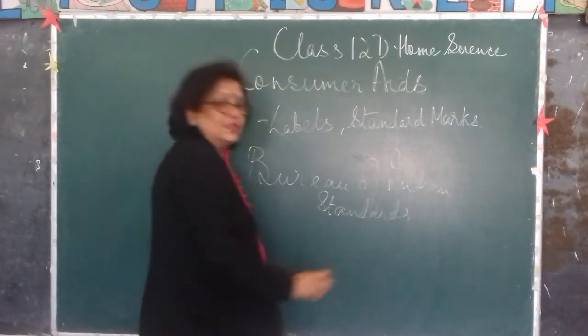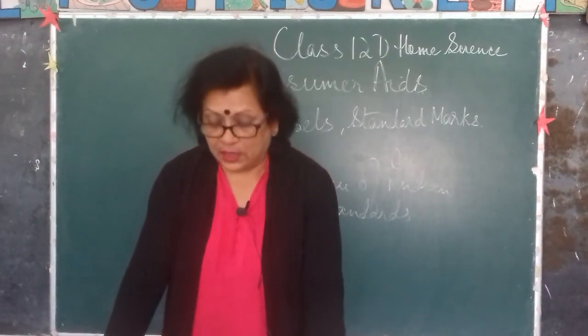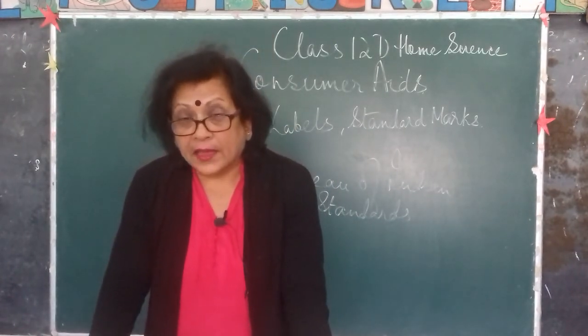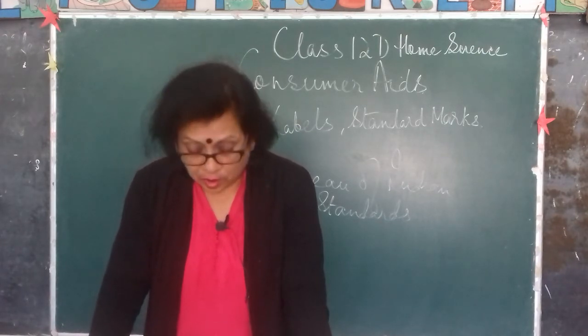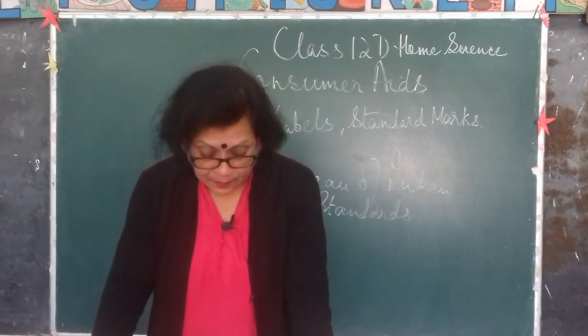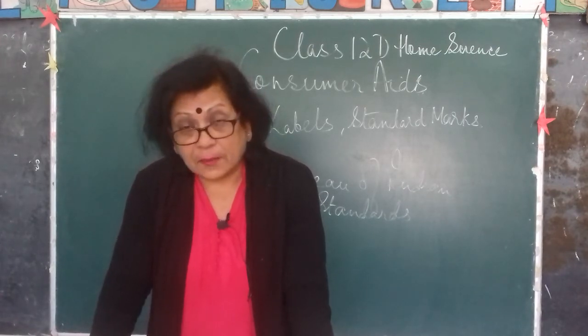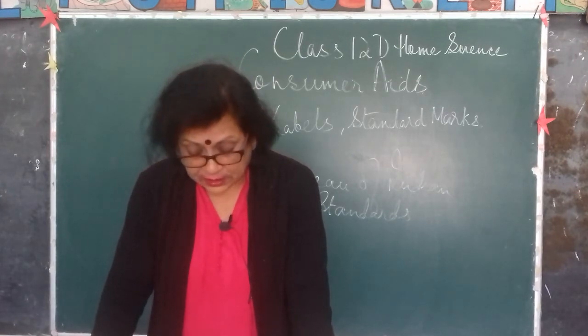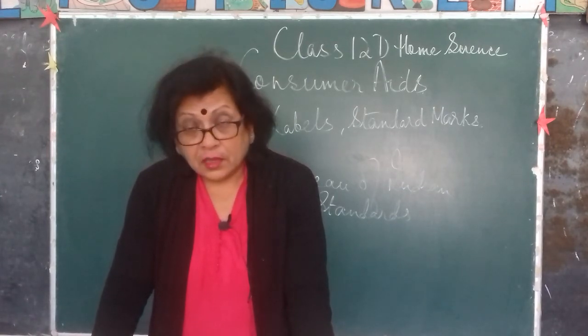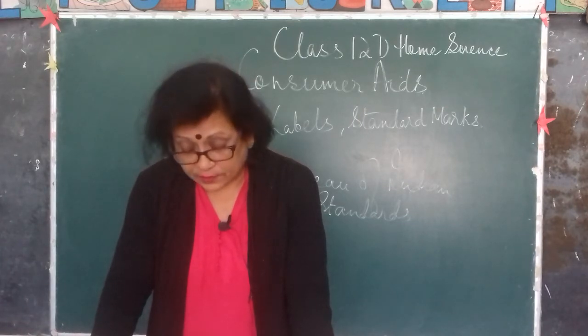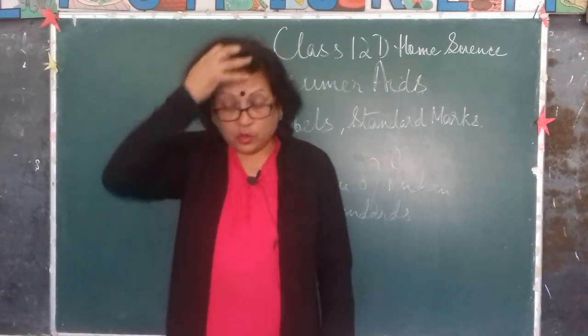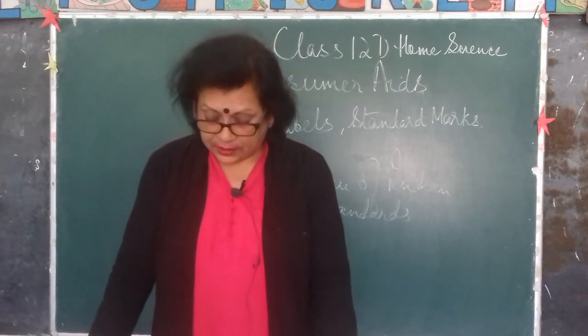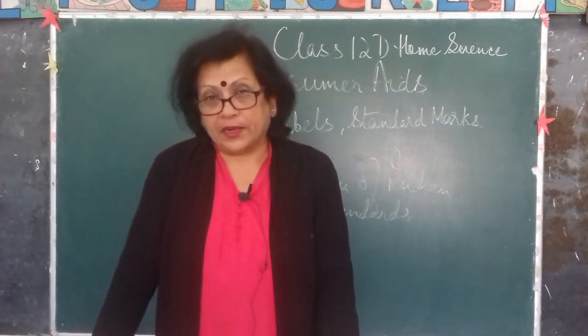The Bureau of Indian Standards has come forward with certain labels and certain trademarks, brand names, and it is compulsory to mention the ingredients, the manufacture and expiry dates, license number, net content, net weight of the content, direction of storage, details of colors and preservatives used, dosage in case of medicines and tonics, and the maximum retail price.